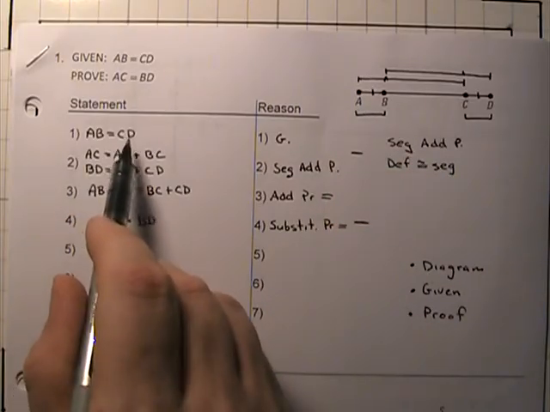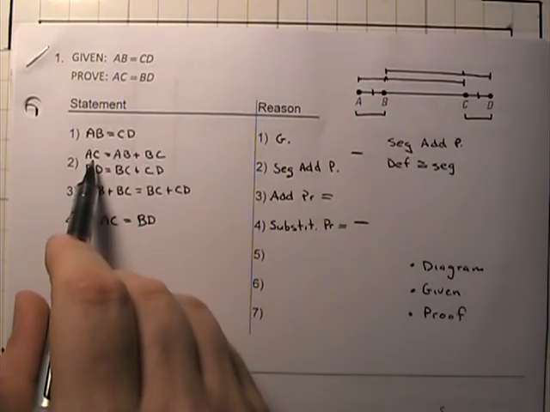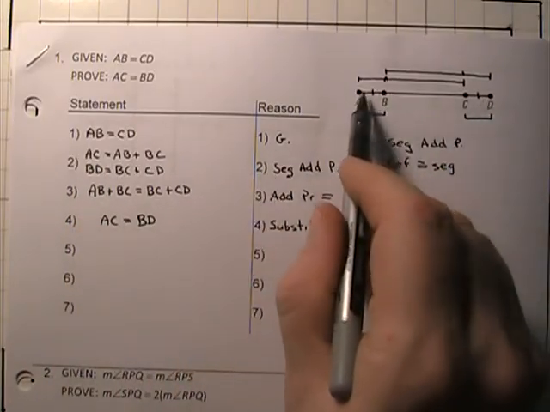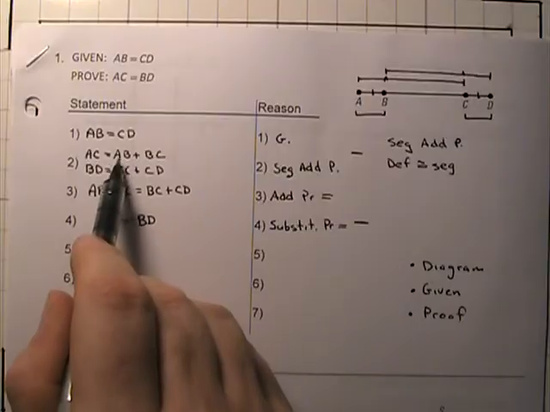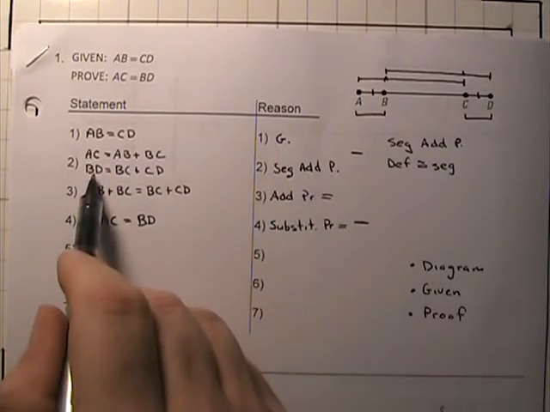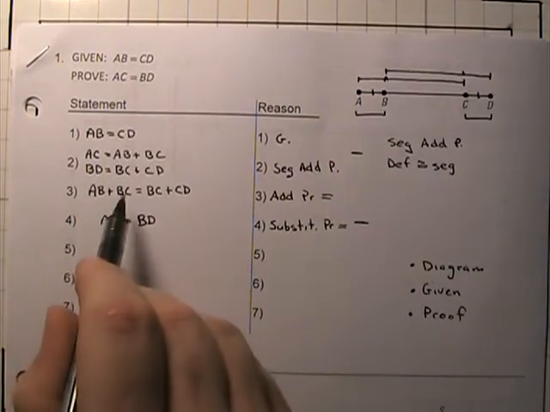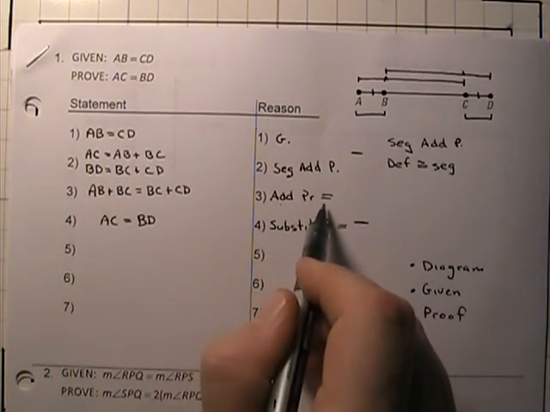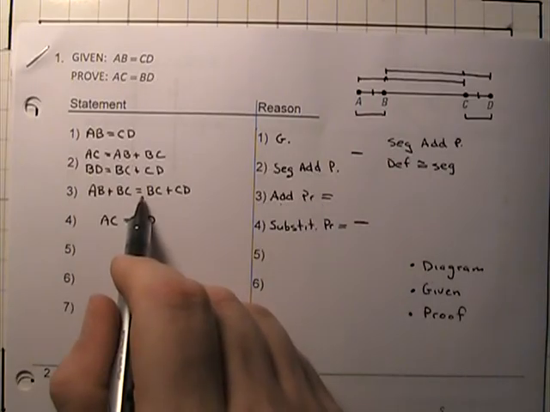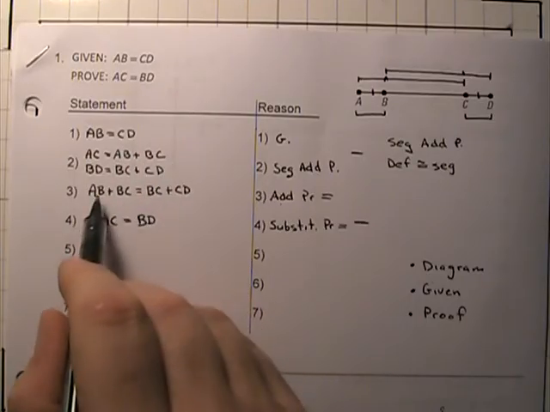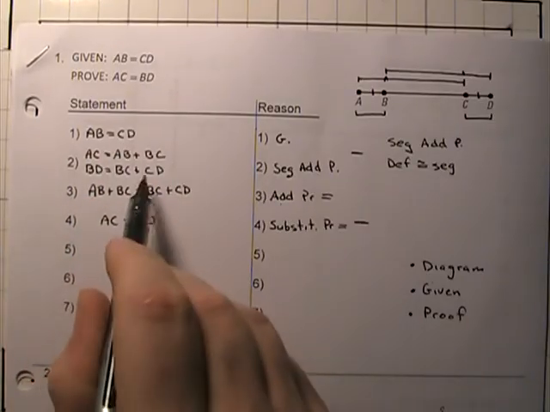So this was given, and if this is a segment, if B is between A and C, then AC equals AB plus BC. That's my segment addition postulate. I used it again here. The addition property of equality says that if I have an equal sign, I can add the same thing to both sides. So here's an equality, and I've added BC to both sides of the equality, so nothing should have changed.